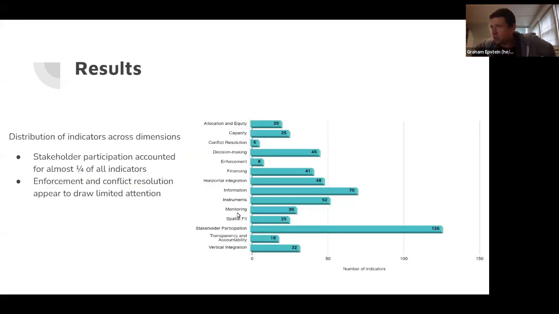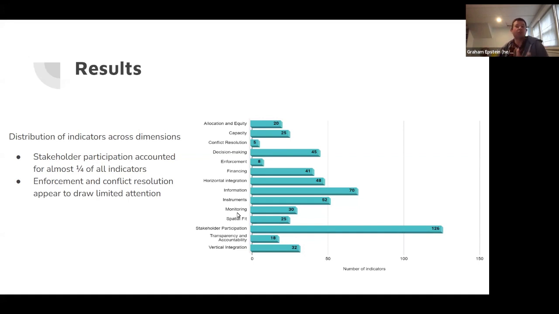So now I'm going to briefly conclude with some of the numbers or the distribution of the indicators that we found in the study, put some numbers on some of the trends that we found. Although this is a random sample, this isn't a complete picture of how people are doing governance assessments because we took a rapid review.